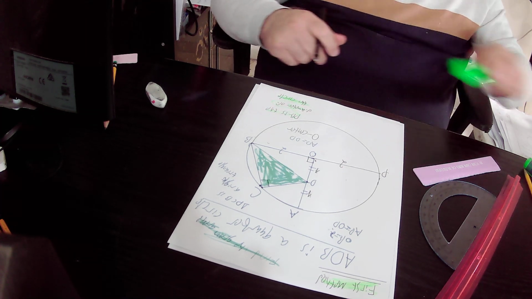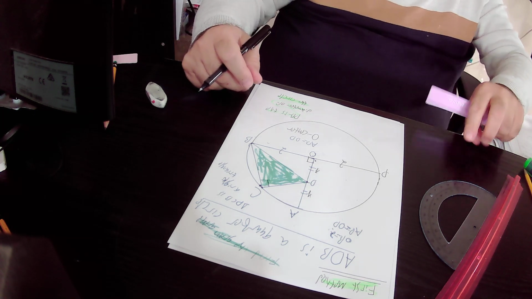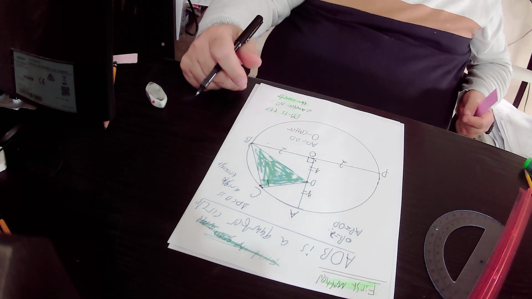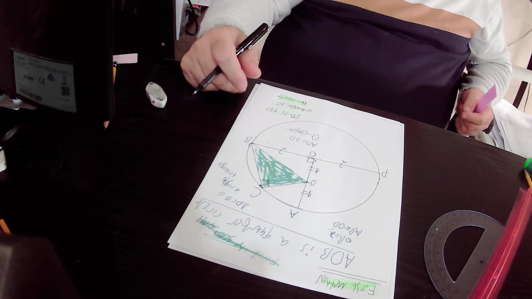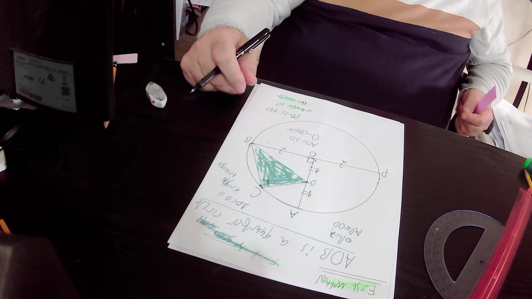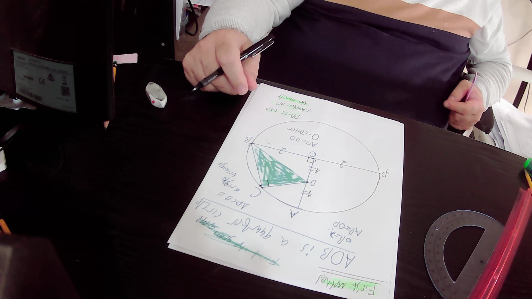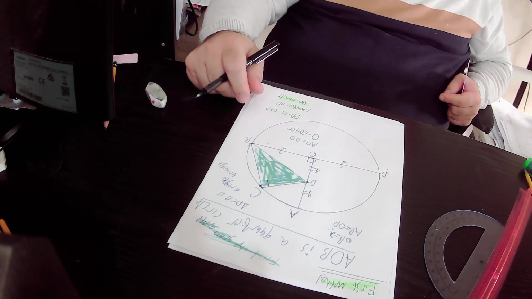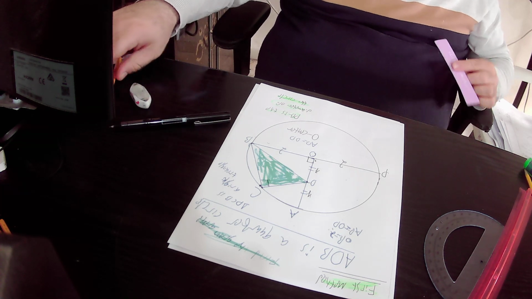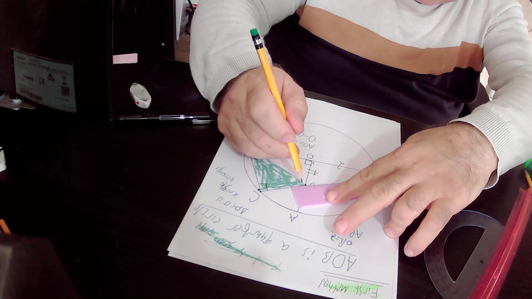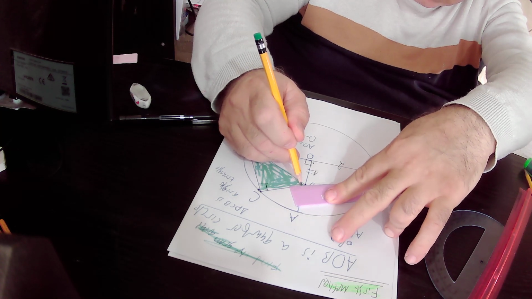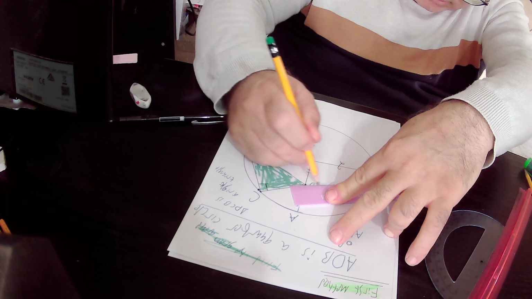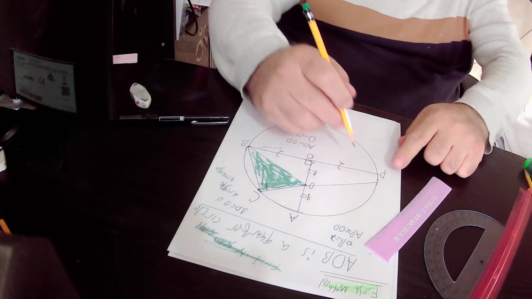In the next step, we will extend side CD by a straight line until it touches the circle, and we don't know where the extended side CD will touch the circle, so we will assume that the touching point of the extended side CD with the circle will be at this point.